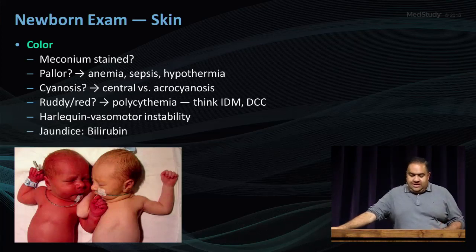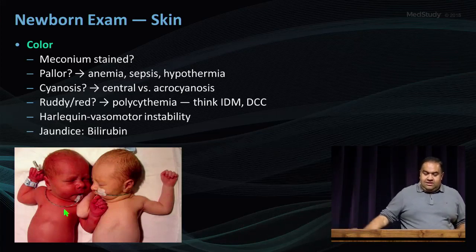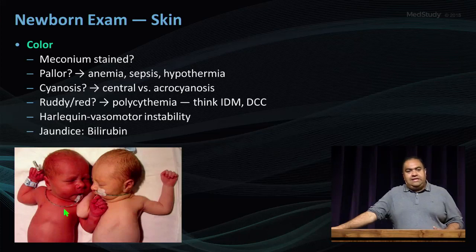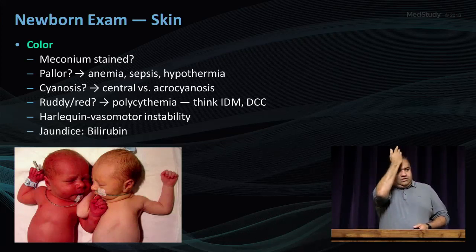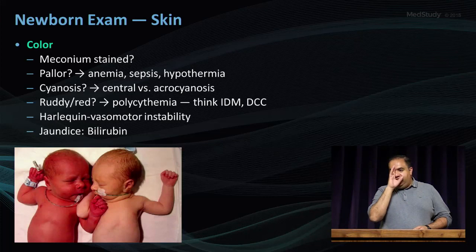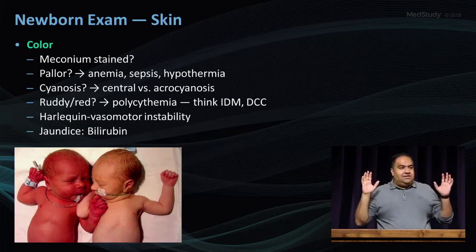If the child's ruddy, as you can see the little baby on the left, more question of polycythemia. They might have a high hematocrit count. You want to think the kids that are ruddy, infants of diabetic moms, are going to be at high risk for that, or delayed cord clamping puts them at high risk for that. Harlequin babies, these are the babies when you look at them straight on, if you drew a line down the middle, half of them is ruddy and half of them is anemic.